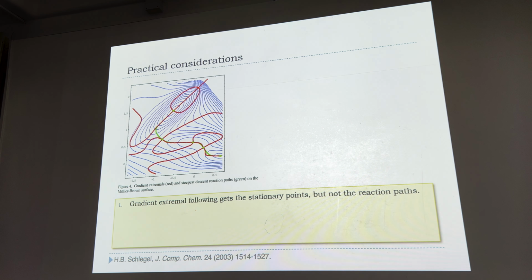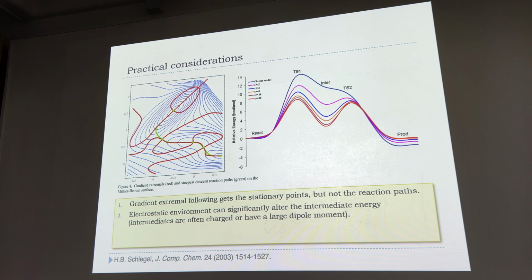Another important thing is that transition states are often charged. You would have, as a result of bond breaking, possibly charge separation. And then remember that the dielectric constant, for example, in water, is 80, which means that Coulomb interactions through water are a factor of 80 weaker than they would have been in vacuum.